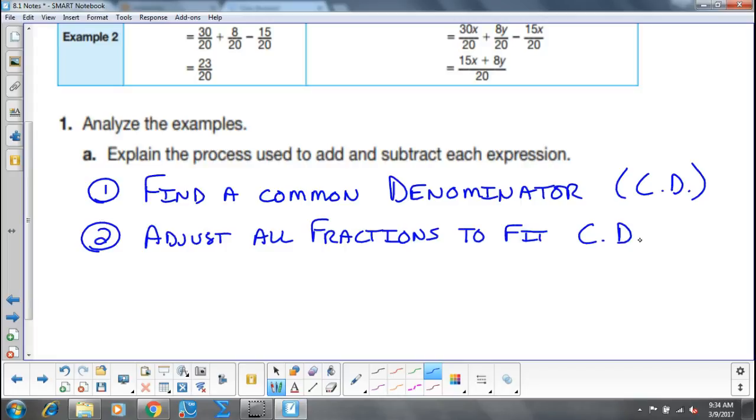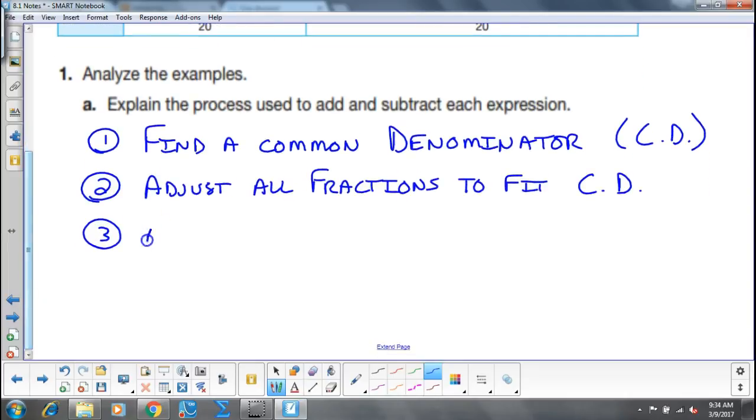Then what did we do? Add or subtract what? The numerators. So we add or subtract the tops, and what happens to the bottoms?